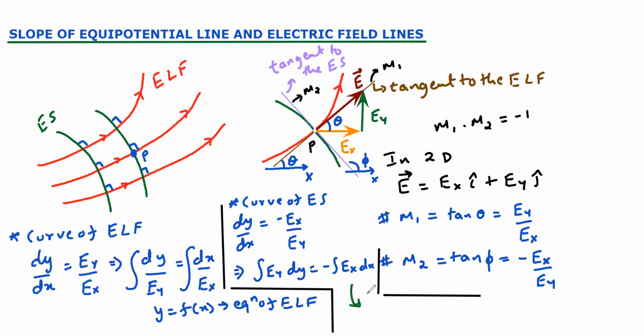From here I'll get a new function. Let's call it y is equal to g of x, and that is going to be the equation of the equipotential surface. I hope you understood this concept.